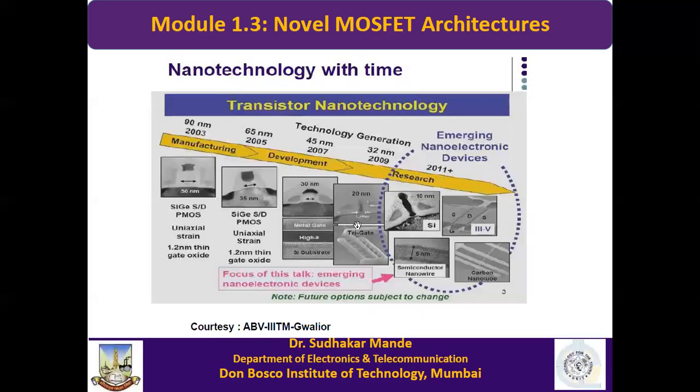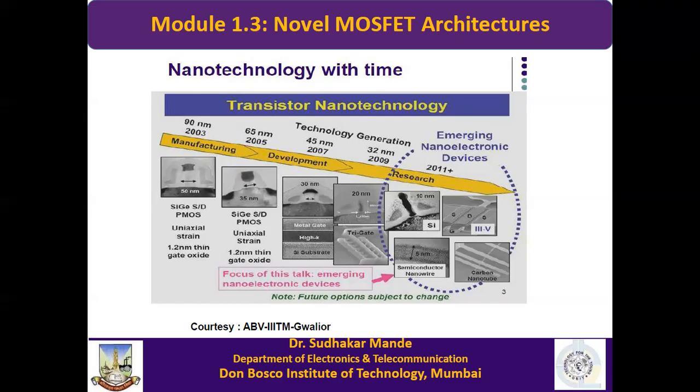But see, we have seen GAA FET, a scaled MOSFET. But what happens? It was predicted that we can go with silicon material up to 10 nanometer, or might be 5 nanometer. But if you go below 5 nanometer, silicon material will not give us better performance in terms of on current and off current.